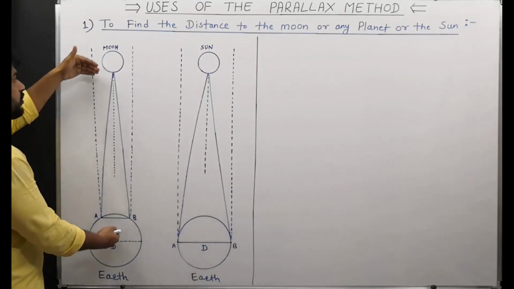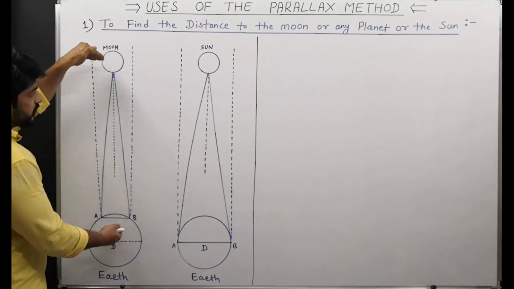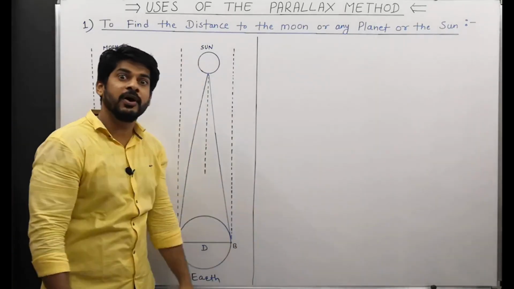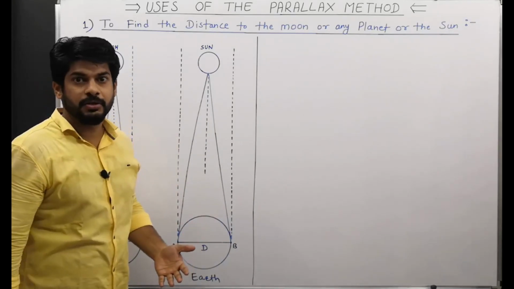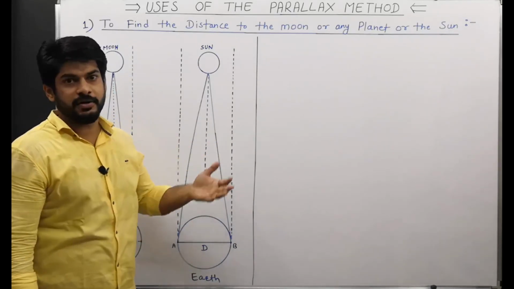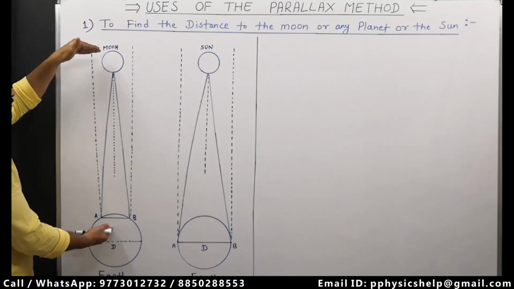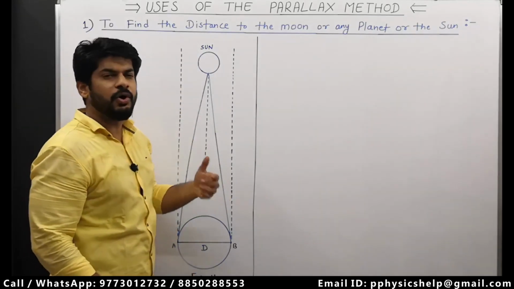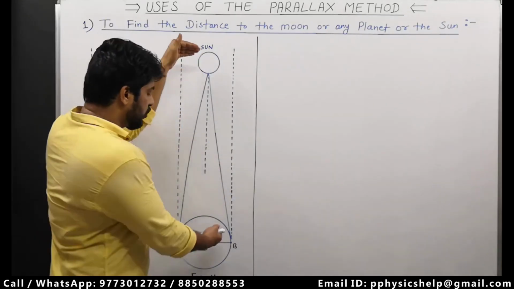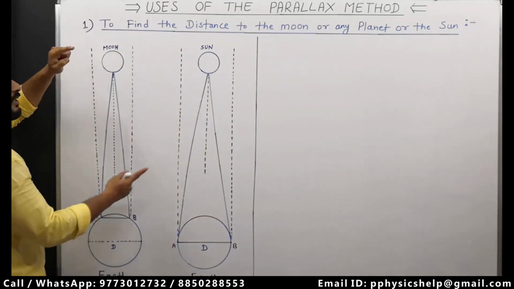I'm just calling it an object. So this is closest, but the sun is very far. Any other planet is also very far, like Mars. If you compare the distances, the distance from the moon to the Earth and the distance from Mars or any other planet or the sun to the Earth, this is very large and this is small in comparison to that.